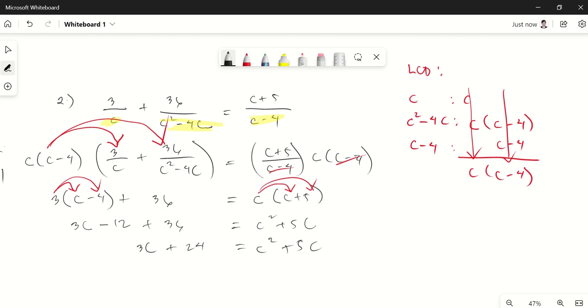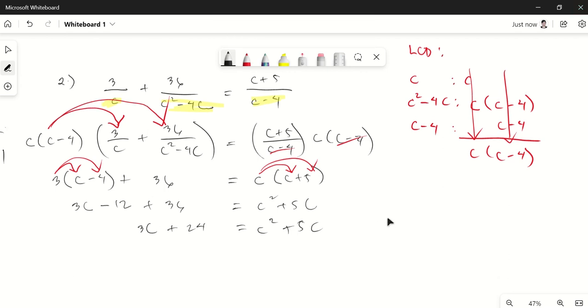Since the highest degree of the equation is 2, we just have to make sure that one side of the equation is 0, and we put everything on the other side. So in this part, we make the left-hand side of the equation 0 by adding the additive inverse of 3c and 24.